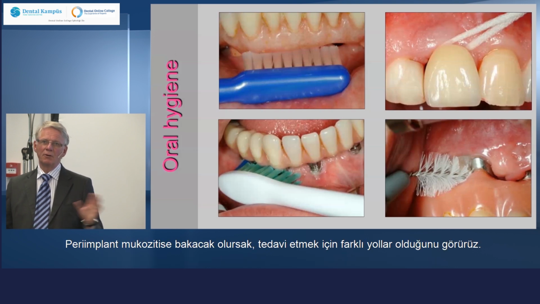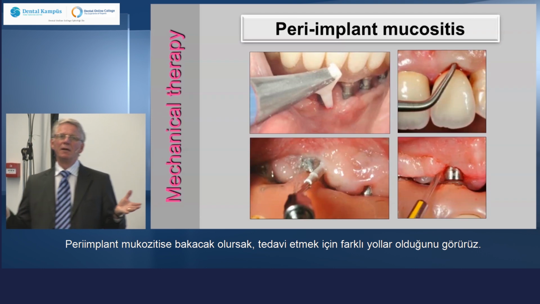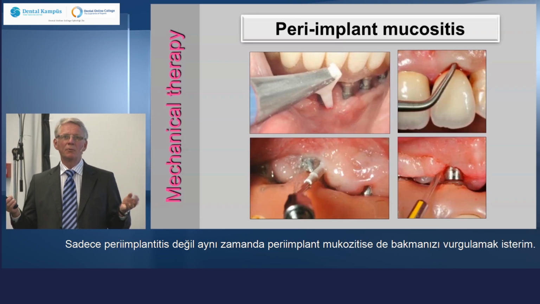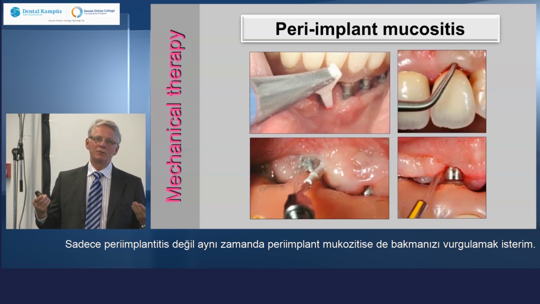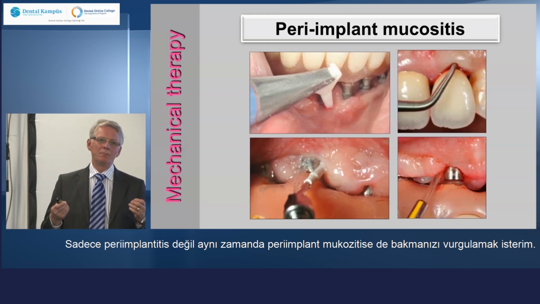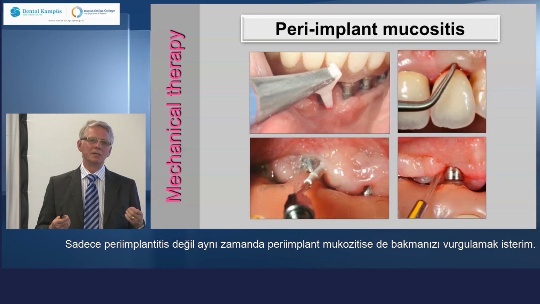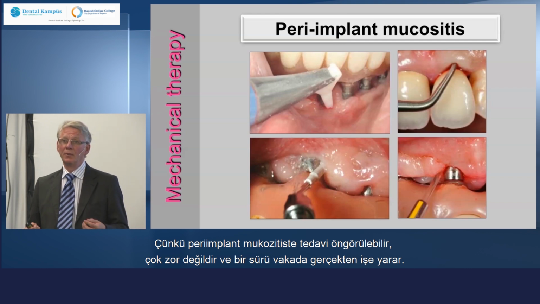So if we now look at peri-implant mucositis, there are different ways to treat it. And I would like to really reinforce that you diagnose not only peri-implantitis, but also look for peri-implant mucositis, because treatment of peri-implant mucositis is quite predictable.